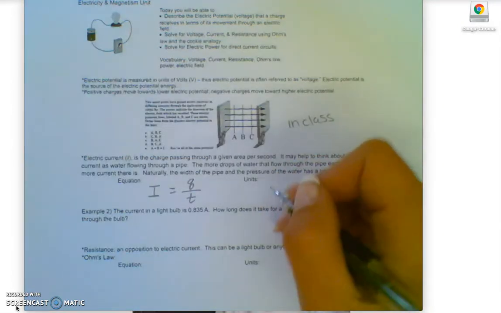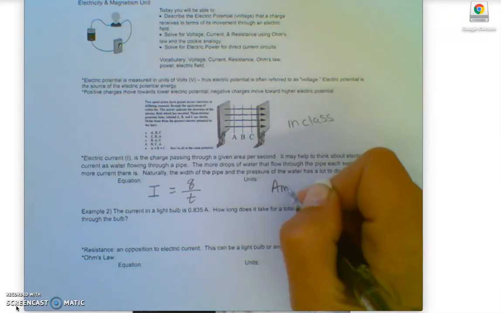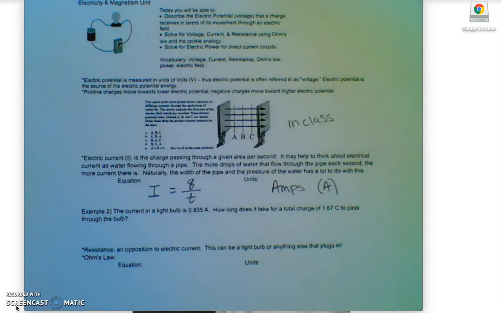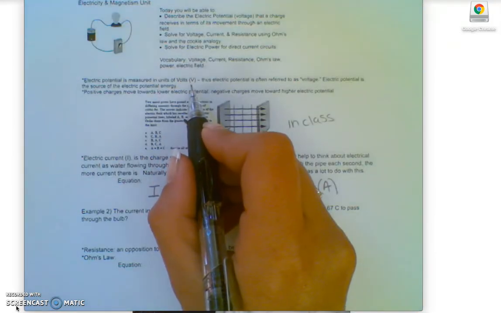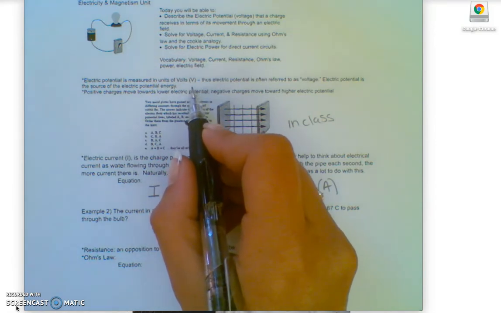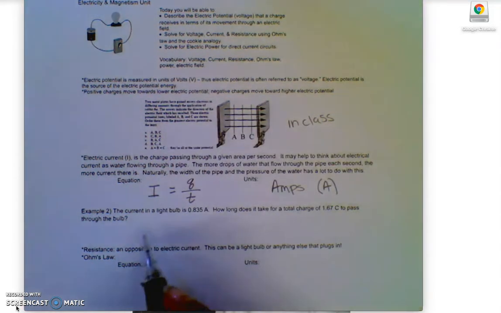The units we're going to use are essentially coulombs per second, but we don't use that, we use amps, and we use a capital A. For voltage, up here we're using V as the variable. I know this is confusing, but we measure it in volts, so it's also V for the voltage as the unit.